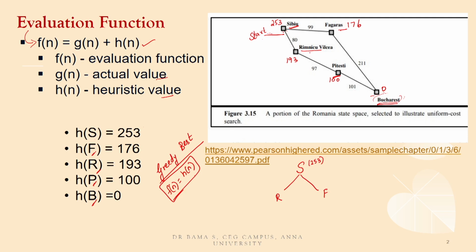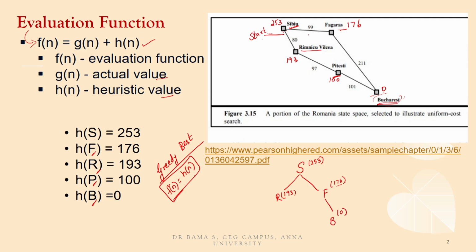With R it is 193 and with F it is 176. The lowest cost, again it is the priority queue, is 176. So, we branch out and have B with a cost 0.